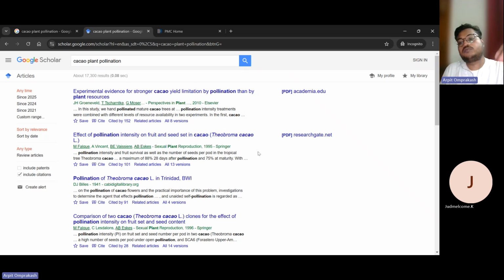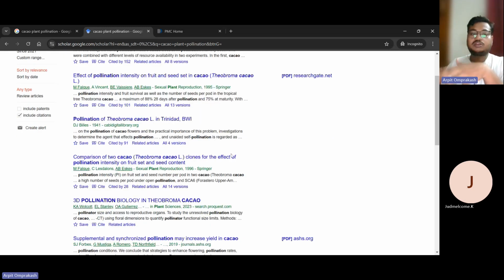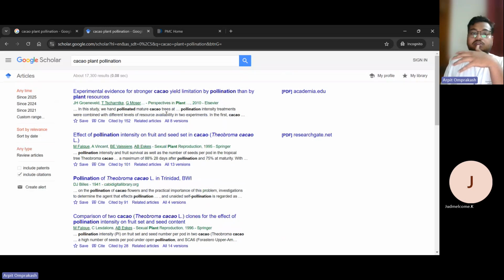And here Google Scholar gives us different research papers, where people have done experiments and published their work on cacao pollination and how it is pollinated, and how we can increase pollination, increase the cacao yield based on pollination and so on.